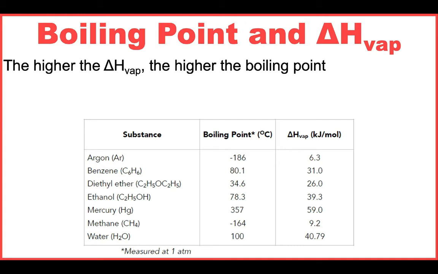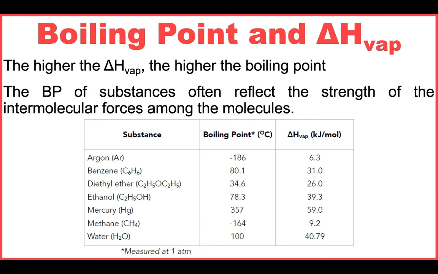So the boiling points of substances reflect the strength of the intermolecular forces operating among the molecules. At the boiling point, enough energy must be supplied to overcome the attractive forces among molecules before they can enter the vapor phase.